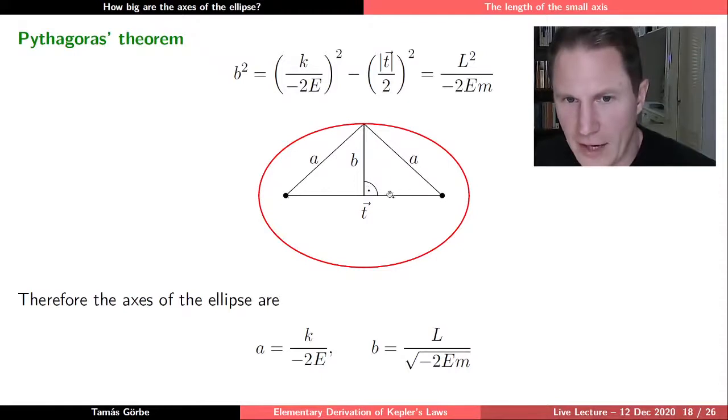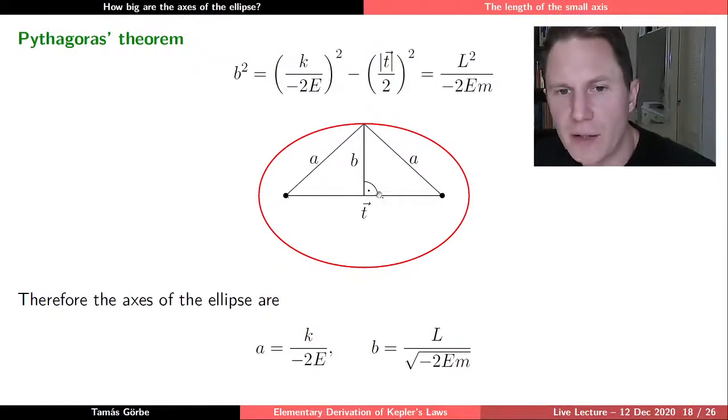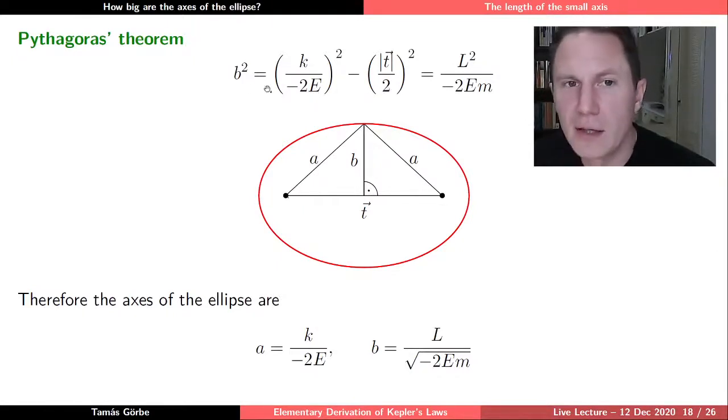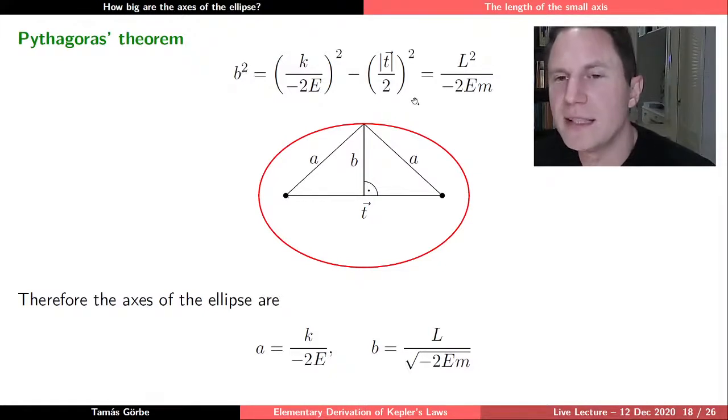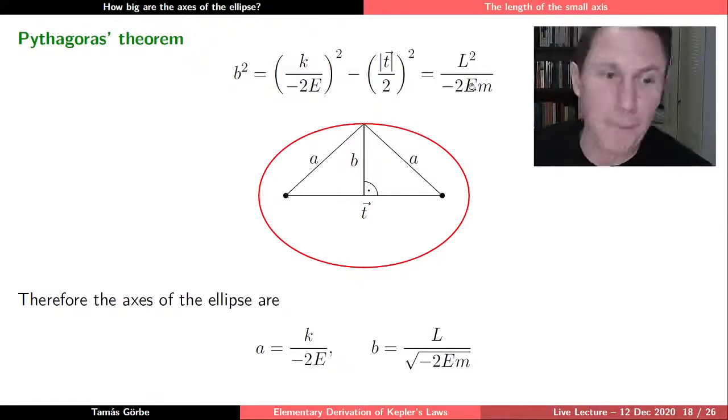So here we have the right triangle with the hypotenuse A and the legs B and T over 2, and we are looking for B, so B squared should be equal to A squared minus T over 2 squared. If you plug in what we have just found for the length of T, you will get that B squared is equal to L squared over minus 2em.